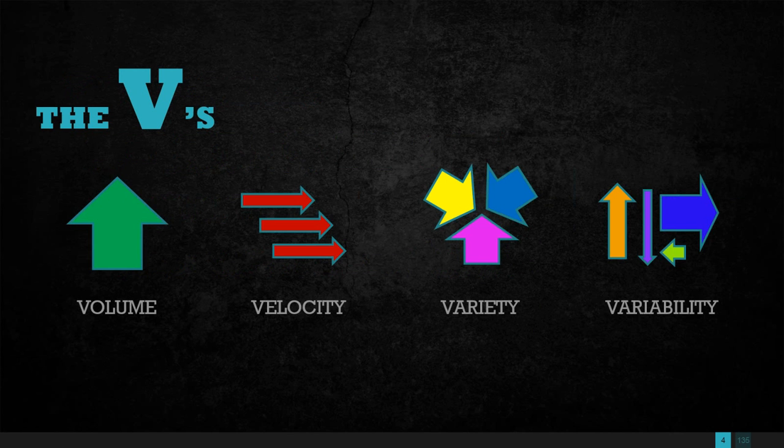Variety, we have so many different types of data, all the way from the old log files to images and natural language files and such. Variability is kind of a new one that has popped up recently, but it speaks to the meaning of the data in the context that you're looking at it in.